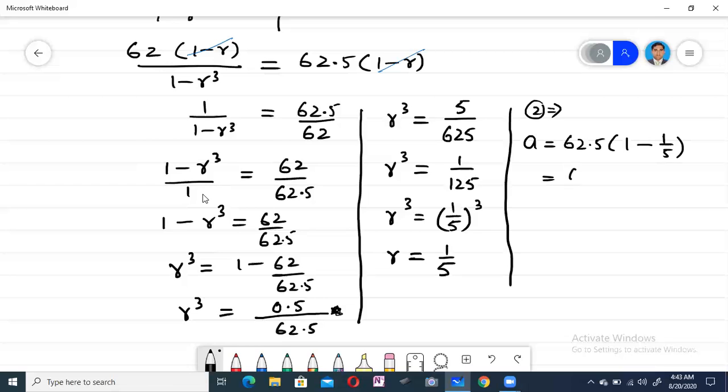That will be 62.5 into, here 5 into 1, 5 minus 1, 4 divided by 5. 62.5 into 4 by 5 gives us 50. Here the answer is 50. This is the answer of question number 13.